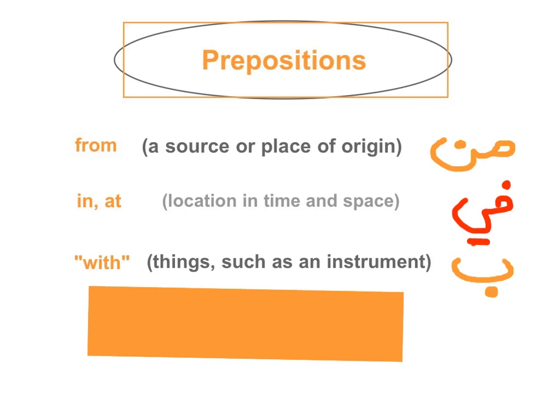Therefore, if I want to write بالحليب, I will write it like this. Ba attaches. Notice the ba here, it is attached to the word al-halib.